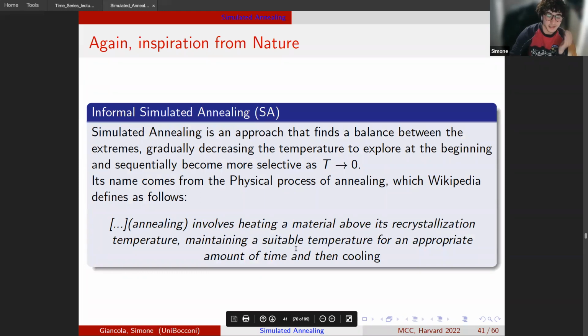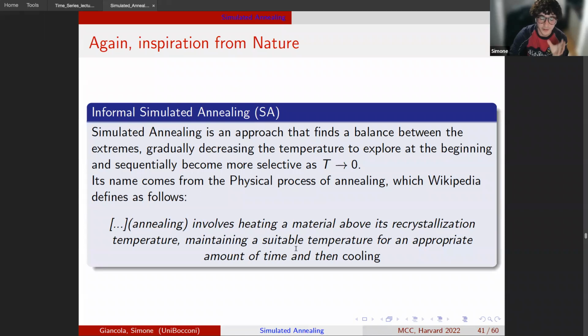Simulated annealing is indeed a technique used in the creation of materials that have specific properties.